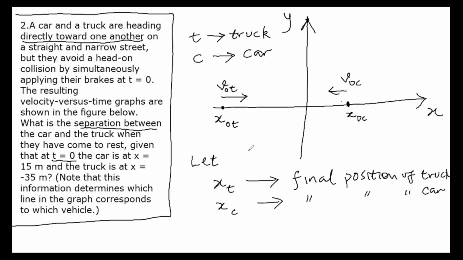Okay, so what do we know about the problem? The x naught c, the initial position of the car, has been given as 15 meters.